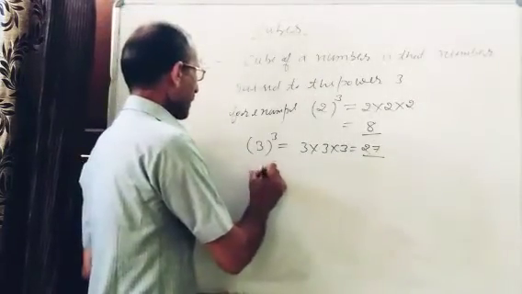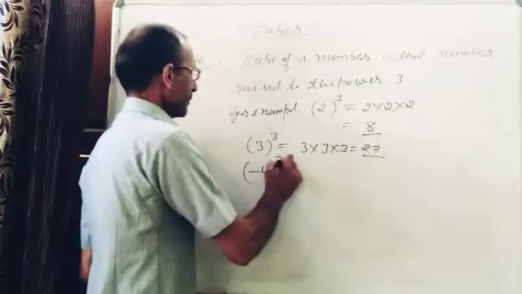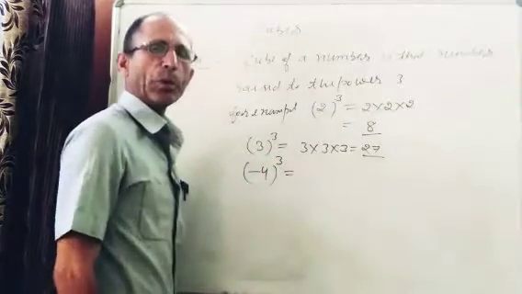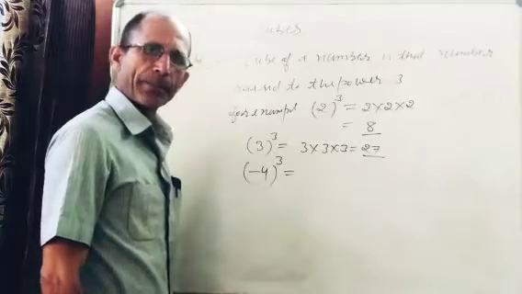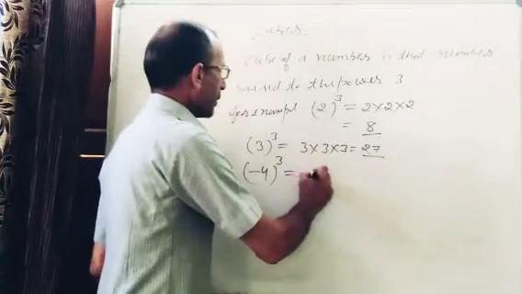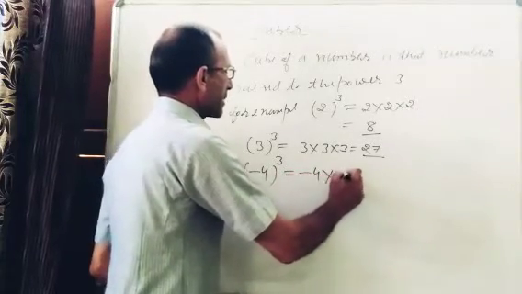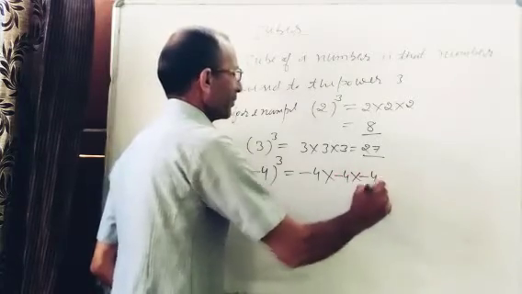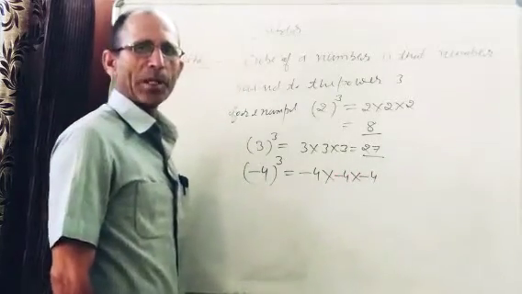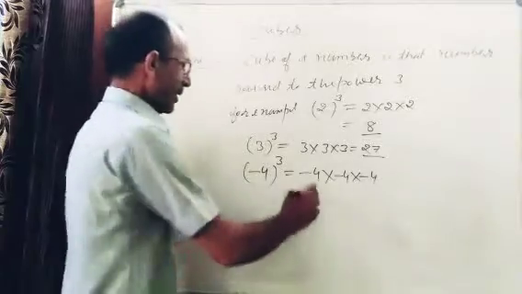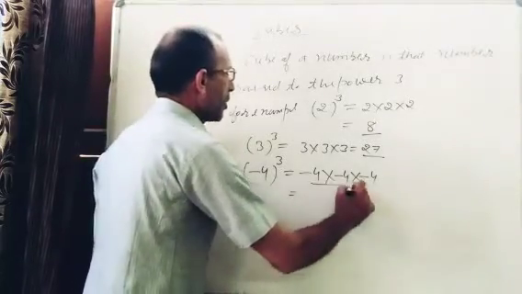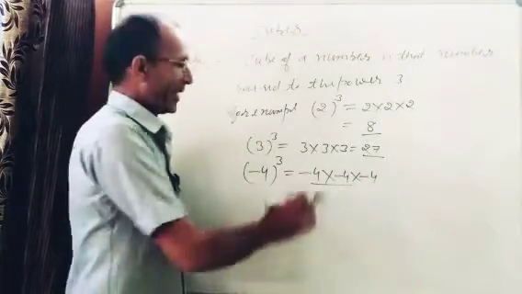Minus 4 raised to the power 3. It means minus 4 is also multiplied 3 times. So, you know the rules of multiplication.